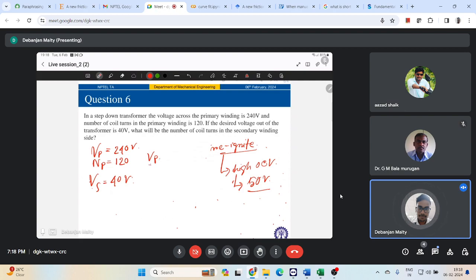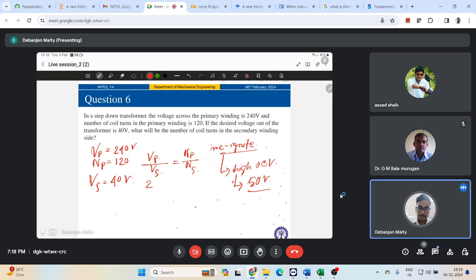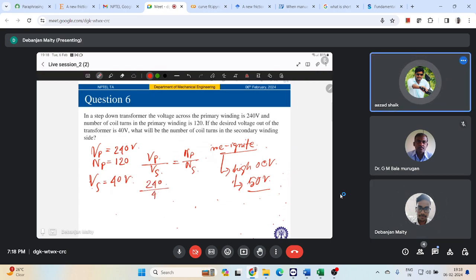So Vp by Vs is equal to Np by Ns. So 240 by 40. Sorry, 120 by Ns. So 6 into Ns is equal to 120. Ns is 20. Yes.